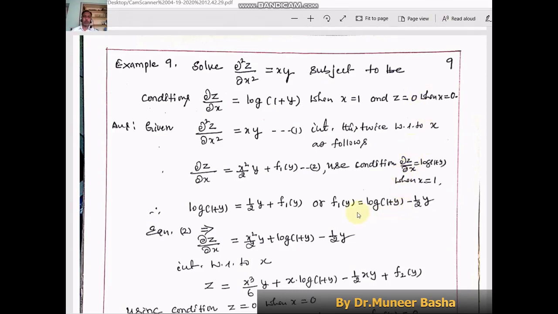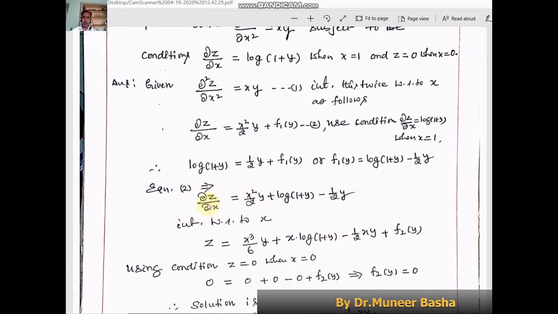So f1(y) value will be log of (1 plus y) minus half y. Substitute this value in place of f1(y). It becomes ∂z/∂x equals x square by 2 into y plus log of (1 plus y) minus half y.